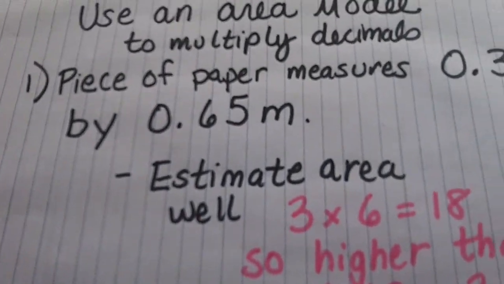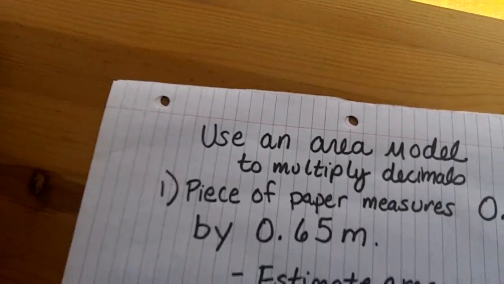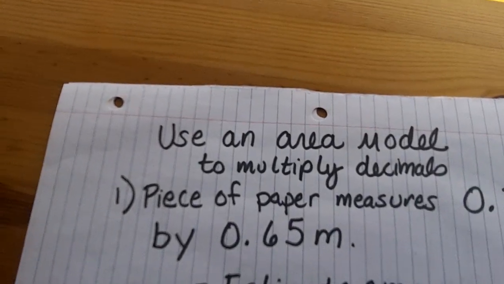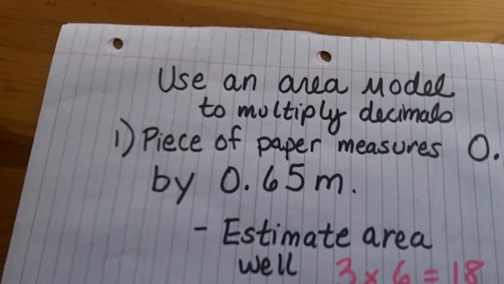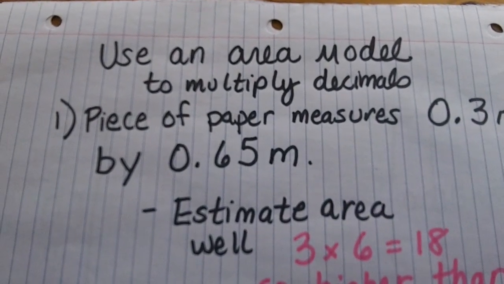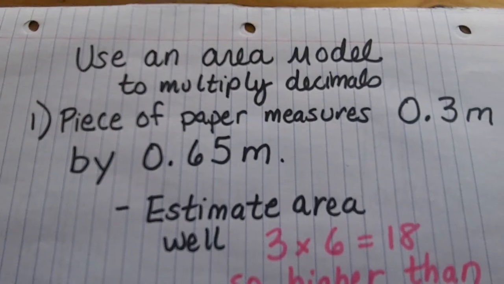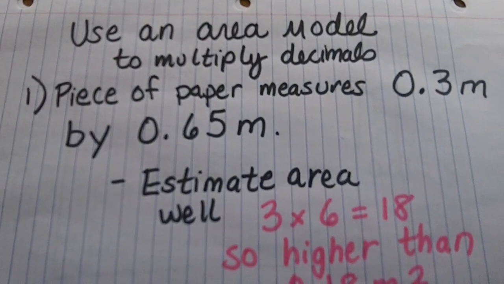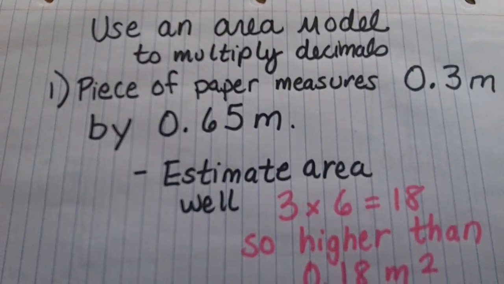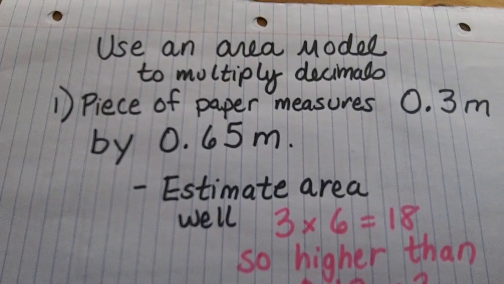All right, let's take a more simplistic approach to maybe doing a problem that includes fewer boxes. Use an area model to multiply decimals. So let's assume that a piece of paper measures 3/10 of a meter by 65 hundredths of a meter.